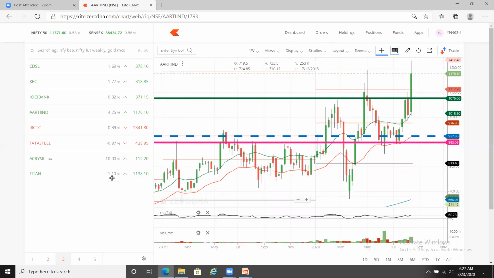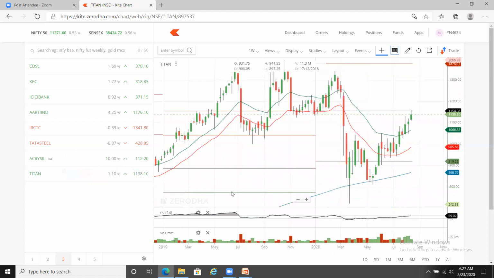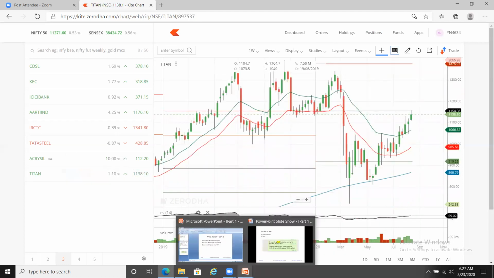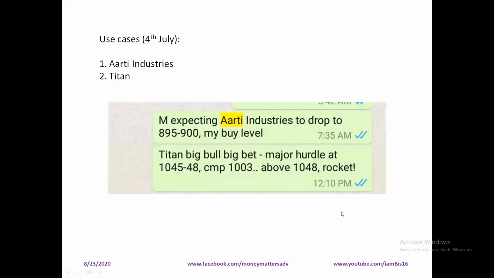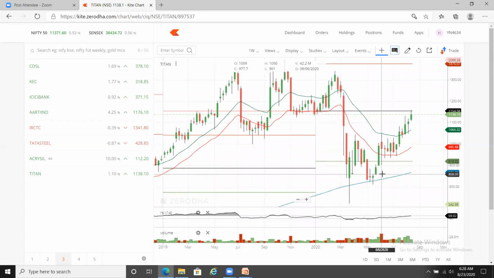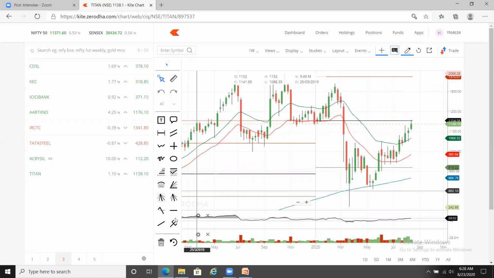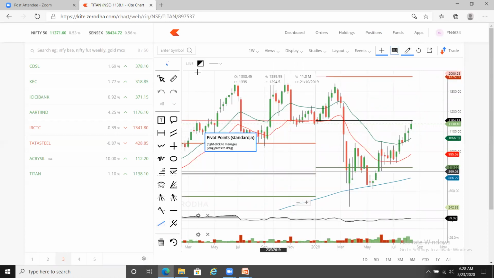I'll quickly check the Titan one. So Titan, my level was around 1045, 48. So why did I choose that 1045, 48? You can see that I'll again draw the line here for support.